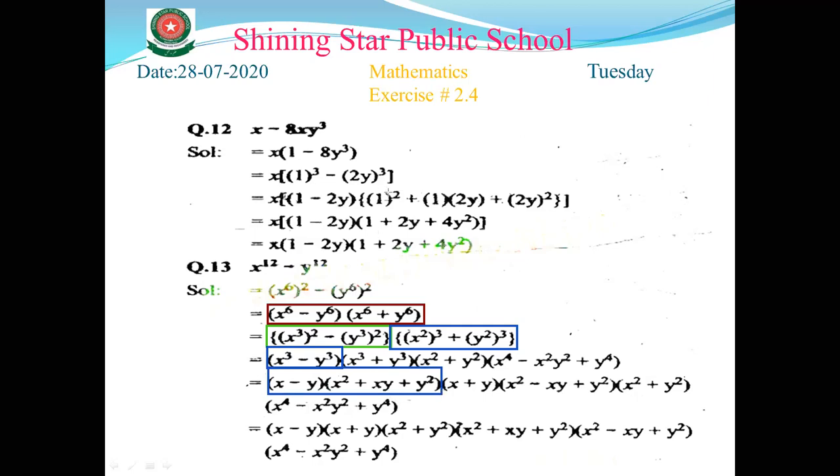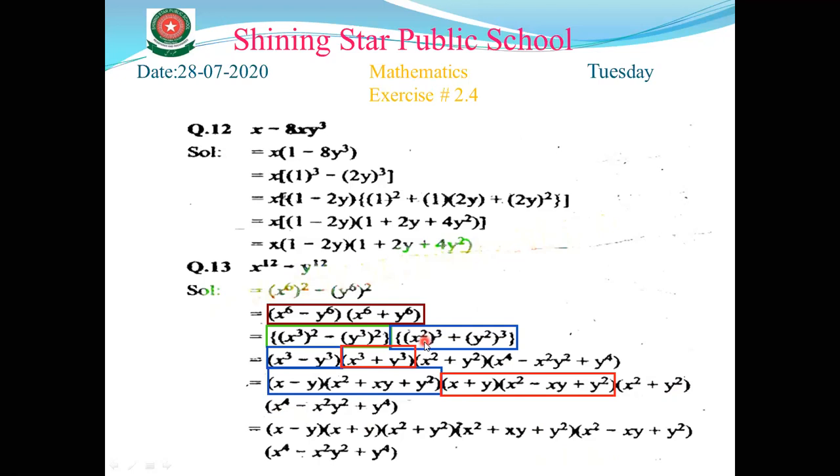Next is x cube plus y cube. When we open this formula, we will get this. Now this will remain the same: x square plus y square, x power 4 minus x square y square plus y power 4, because of this formula.